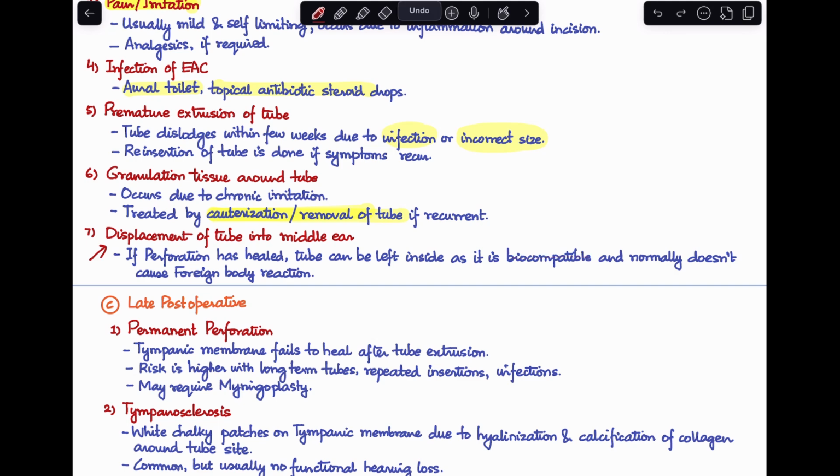Now, we'll talk about the features of a ventilation tube in our next class, and what are certain features that you should be seeing in your ventilation tube. So because they are biocompatible, we can leave them behind and normally they'll not cause a foreign body reaction inside. So this is how a displaced tube in the middle ear, the management of it will differ depending on the time at which it is presenting to you.